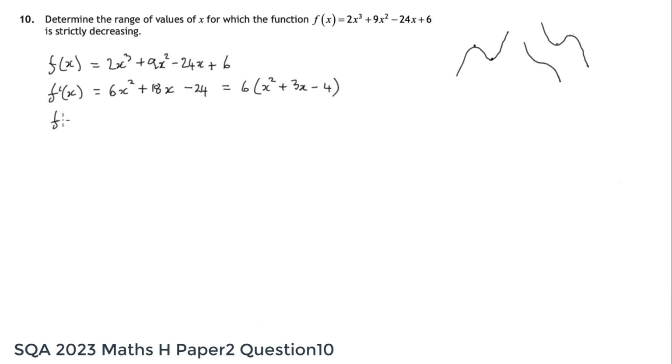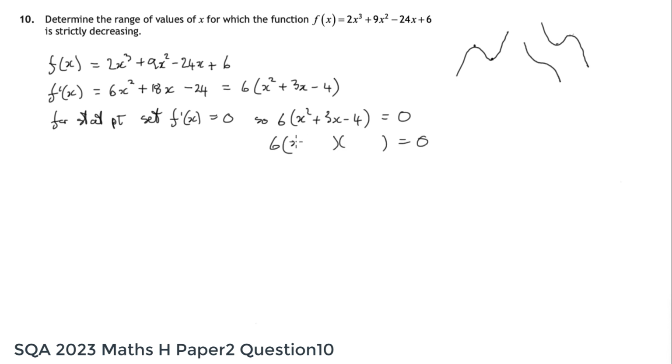Now, for stationary points, for homing in on the points where the gradient is 0, we'd set that gradient formula equal to 0. So 6 lots of x squared plus 3x minus 4 equals 0. Let's hope it factorises.